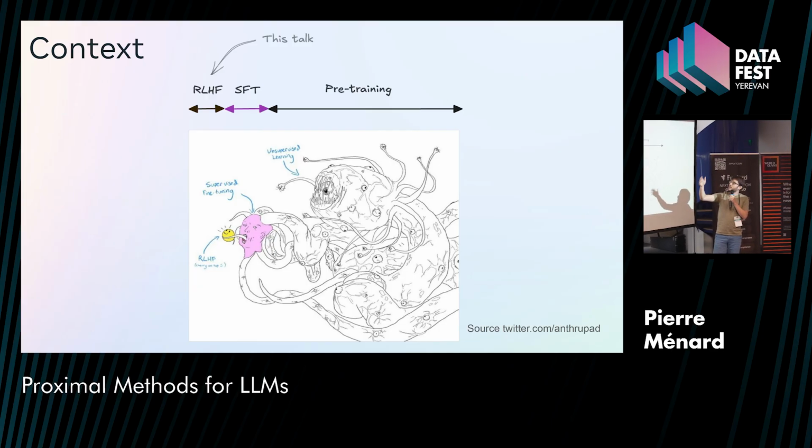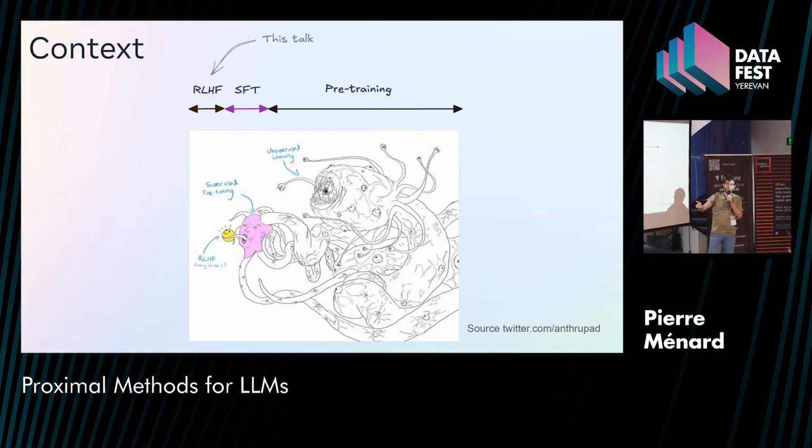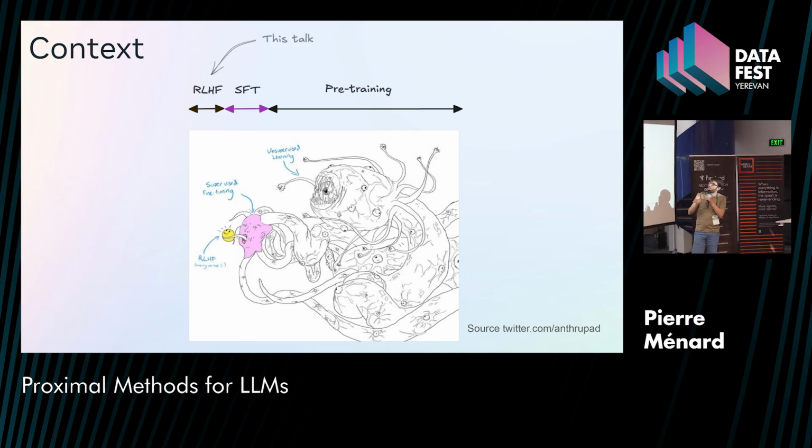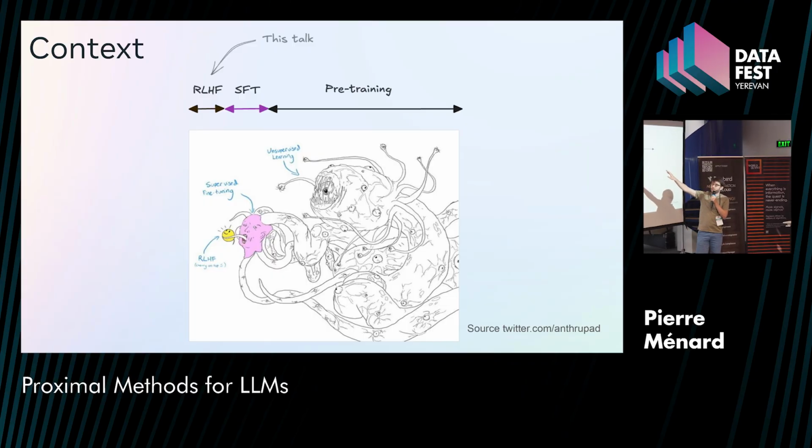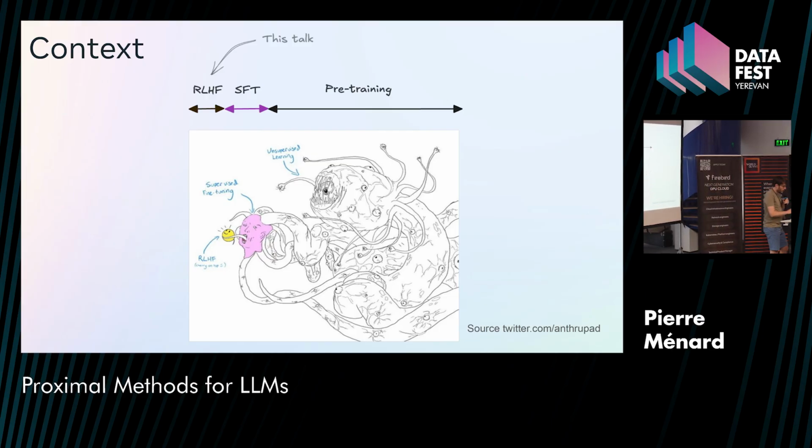For instance, if you have a task which is verifiable, you push the model on certain capabilities like math and code. And also, if you have preference data, you rather do reinforcement learning from human feedback. In this talk, I will only focus on the last part.